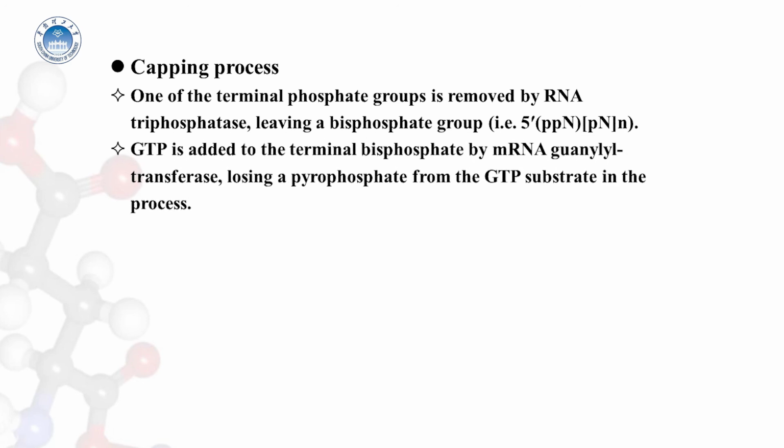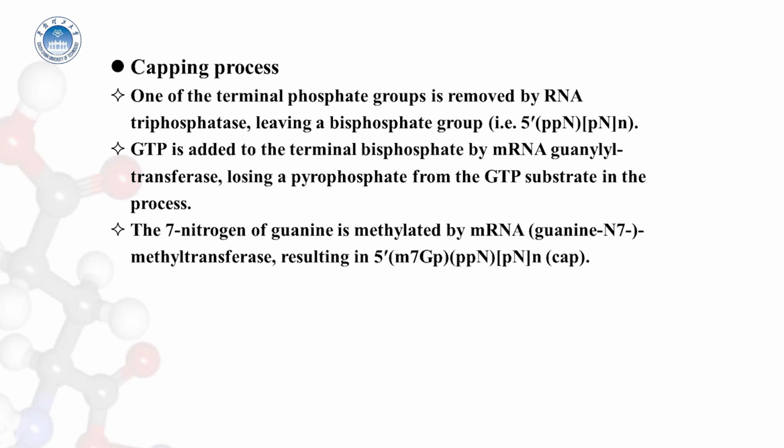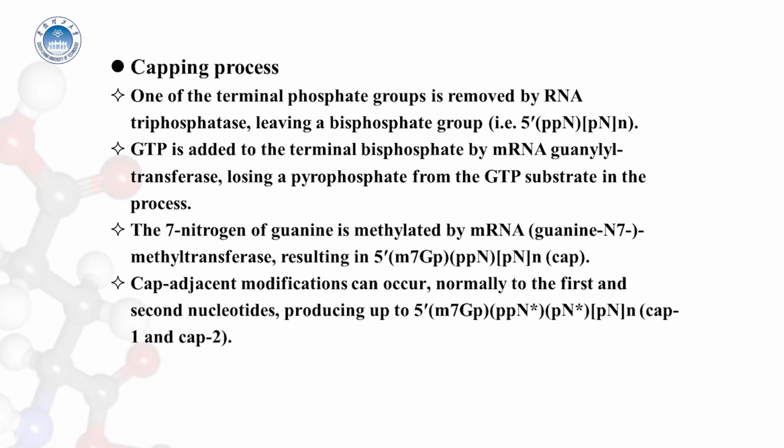GTP is added to the terminal bisphosphate by mRNA guanylyltransferase, losing a pyrophosphate from the GTP substrate in the process. The 7-nitrogen of the guanine is methylated by mRNA guanine N7 methyltransferase, resulting in the cap. Further modification can occur, normally to the first and second nucleotides, producing cap 1 and cap 2 of the messenger RNA.